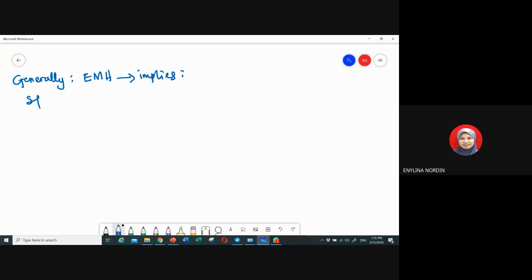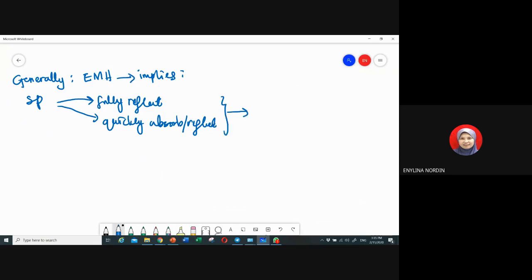It implies the stock's price fully and quickly reflects, or absorbs, all available information, where this information can be categorized into three just now.